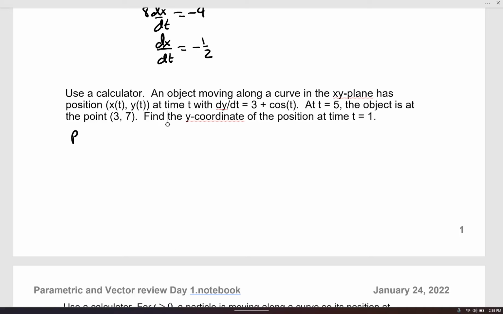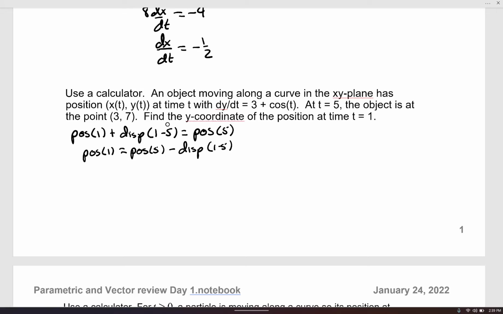Well, we could write that the position at time 1 plus the displacement from 1 to 5 is equal to the position at 5. So what do we want? We want the position at 1. So the position at 1 should be the position at 5 minus the displacement from 1 to 5. In other words, we're backing up. So instead of adding the displacement, we're going to subtract the displacement.